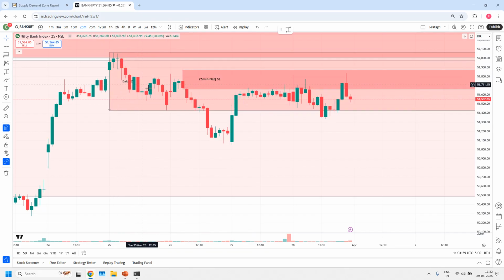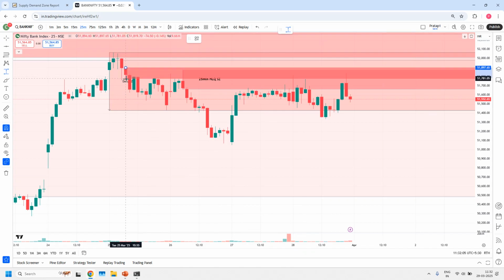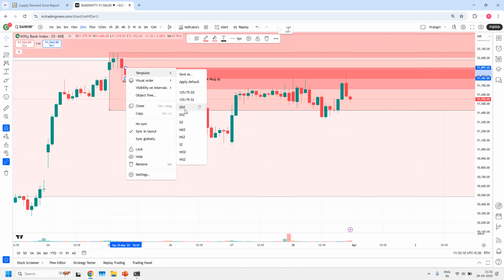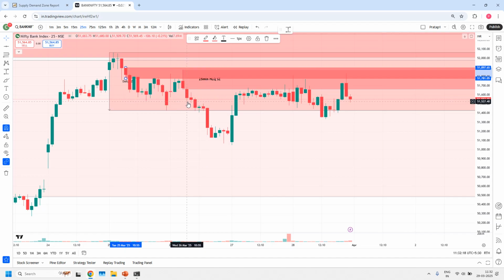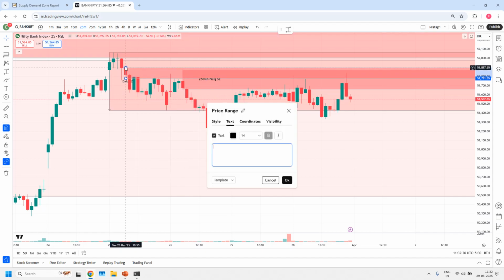Here 25/3 LOTL zones. Both are LOTL. Both are high liquidity zones and both are LOTL.